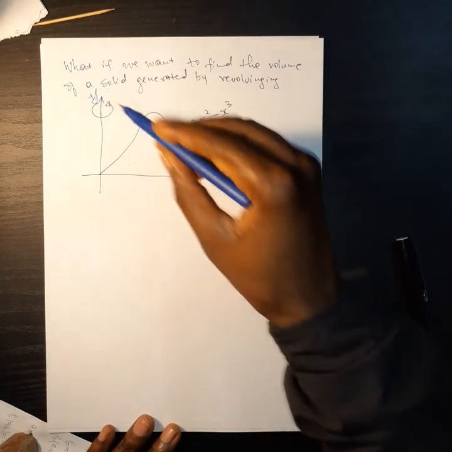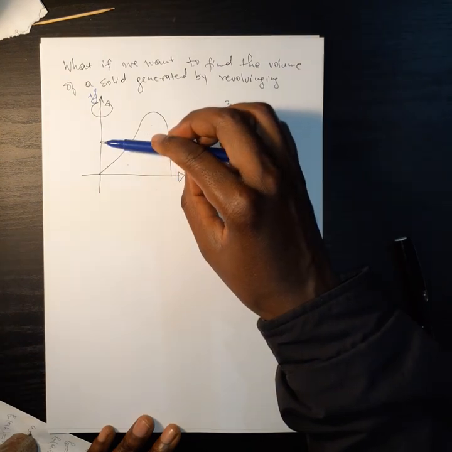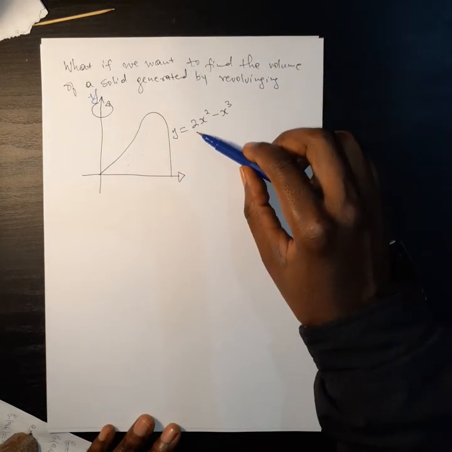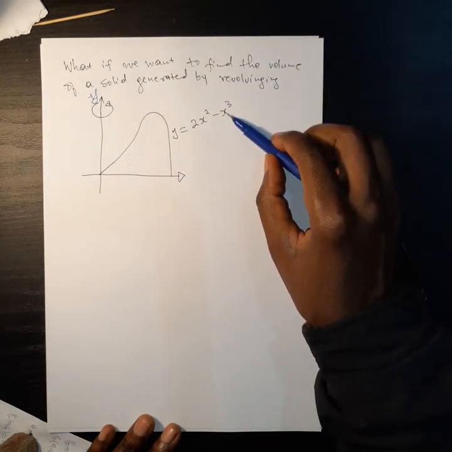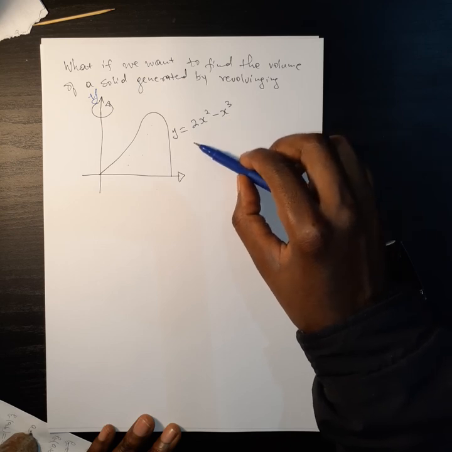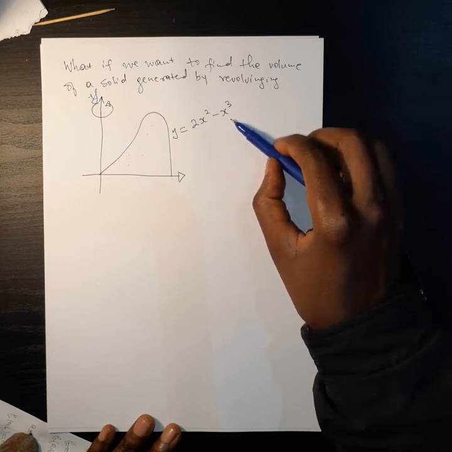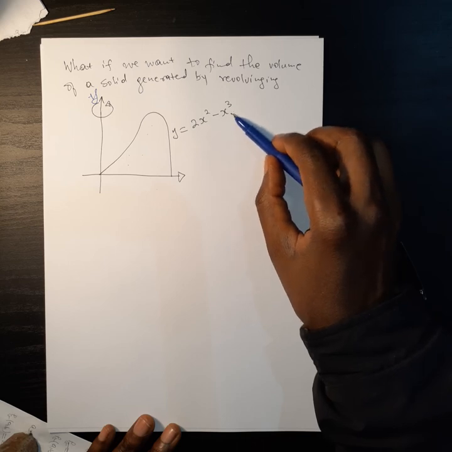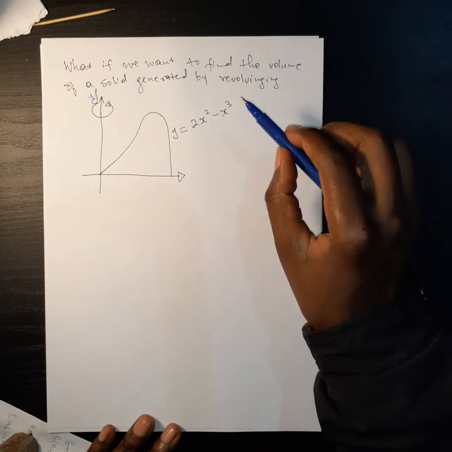This is our y-axis. We integrate with respect to y because we'll have dy. Now, if we are to integrate with respect to y, we must rewrite this in such a way that we can write x equal to something in terms of y. Is that possible? I don't think so.